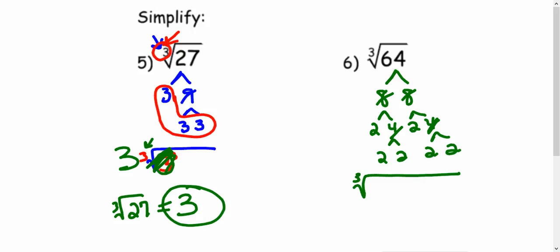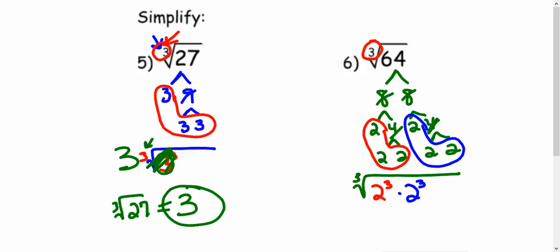I'm looking to create an exponent of what? 3. So here I have 3 2's. So I can write this as 2 to the third power. Here's another 3 2's. So I can write that as 2 to the third power.